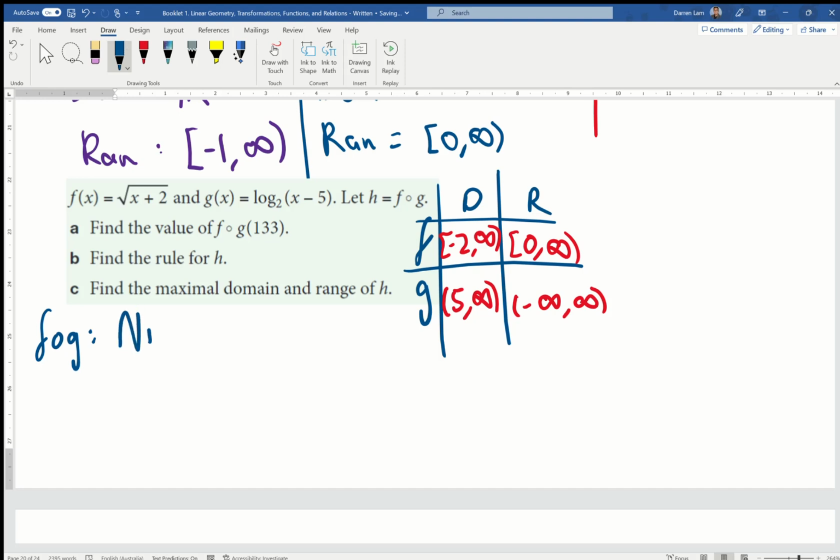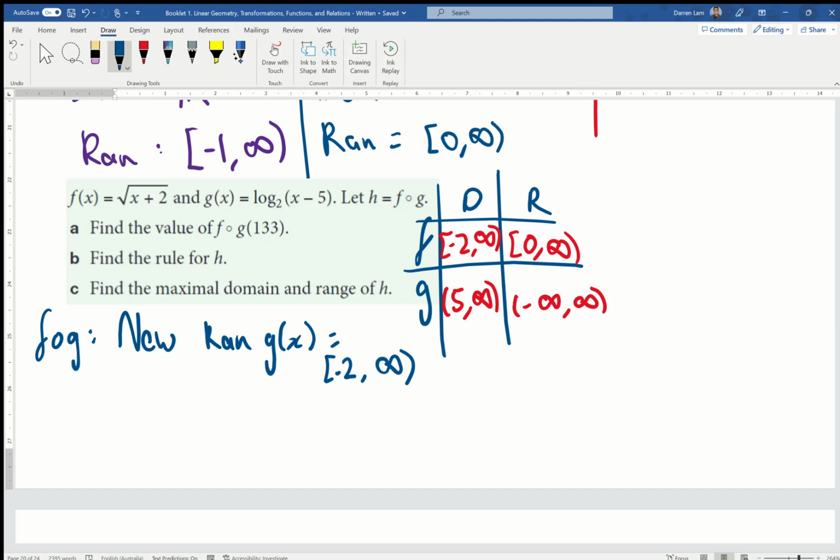Our new range of g of x must be equal to -2, I've run out of space, apologies, -2 to infinity. You can see I've restricted the range of my g of x, which is the input of my outer function, by the domain of f of x.